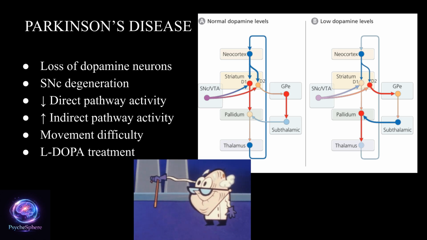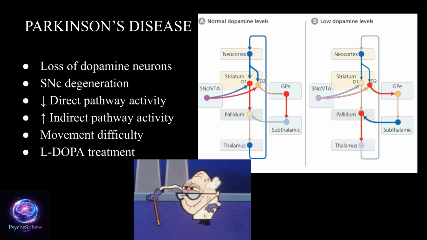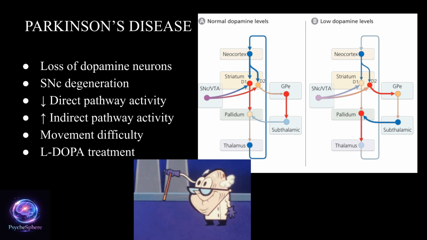In Parkinson's disease, neurons in the substantia nigra that produce dopamine start to die. That's sad. So, dopamine levels drop, and without dopamine, the direct pathway becomes weaker and the indirect pathway becomes stronger. What that means is that the system becomes overly inhibitory.